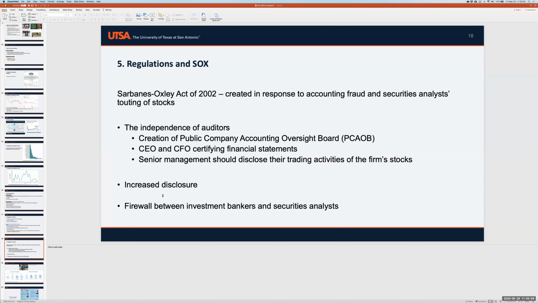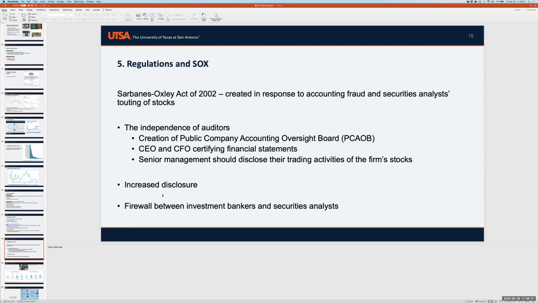And Sarbanes-Oxley 2002, this regulation was issued after the huge fraud from Enron. You may remember, or you have heard of, the Enron scandal. After this scandal, I guess 2001 or 2000, they introduced this regulation, created in response to economic fraud and securities analysts' touting of stocks.